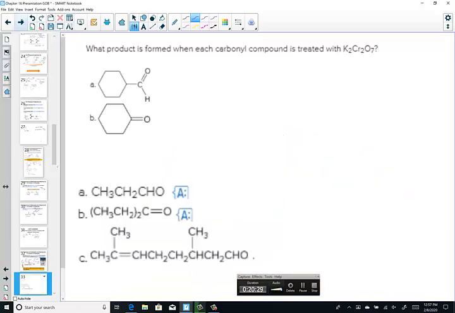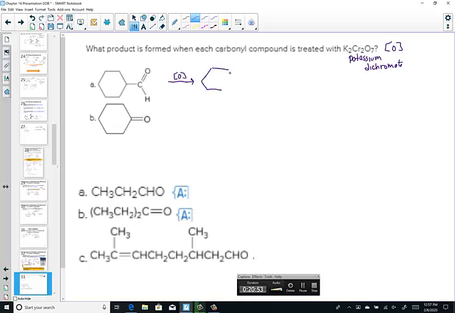So let's practice. Each of these carbonyl compounds is going to be treated with potassium dichromate. The potassium dichromate is an oxidizing agent. Aldehydes turn into carboxylic acids.